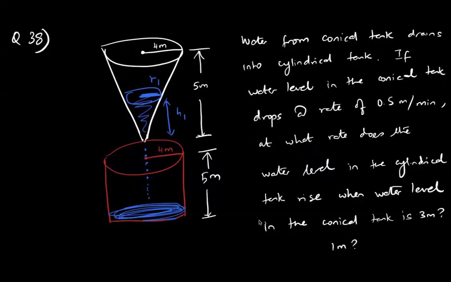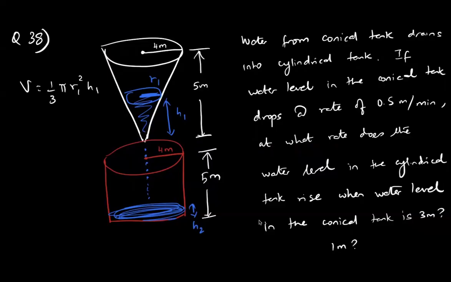As far as the cylinder is concerned, the radius is not going to change, it's only the height. So I'm going to call this height H2. The volume of the cone is 1/3 pi R1 squared H1. The water level is changing at 0.5.